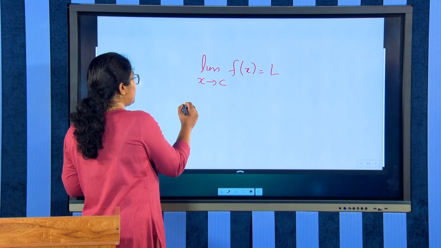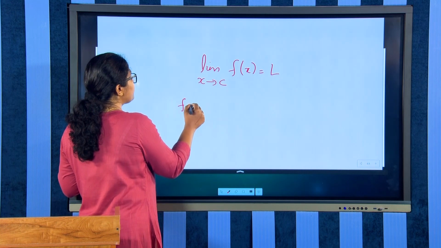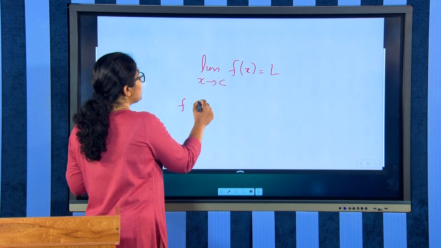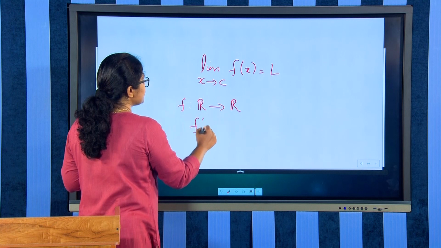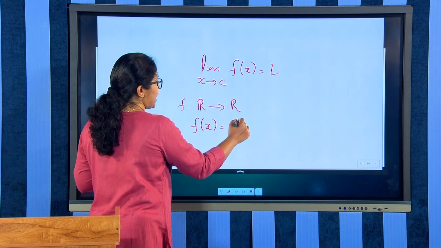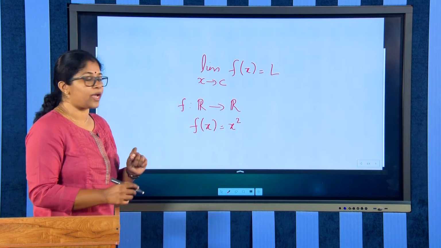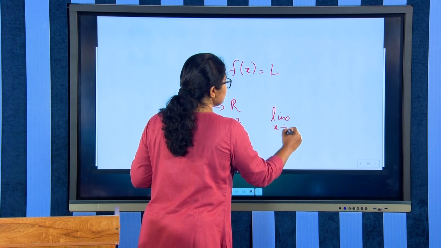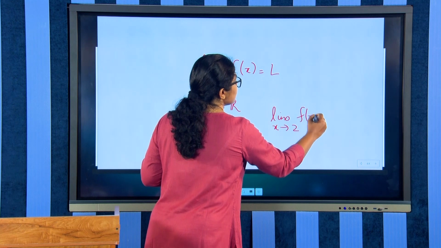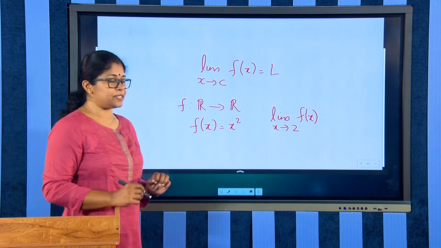As an example, suppose you have a function f from R to R itself, defined as f of x is equal to x square, and we want to find the limit as x approaches c of f of x. How will we do this?